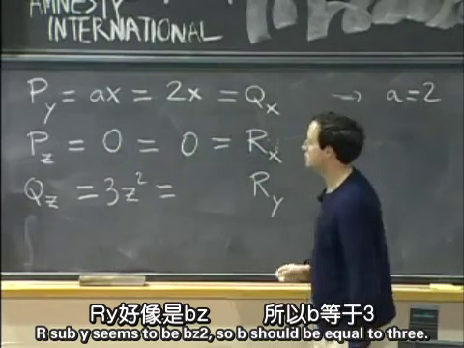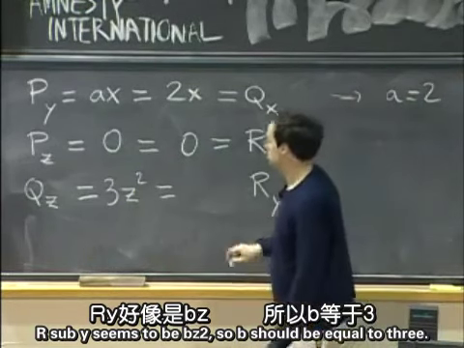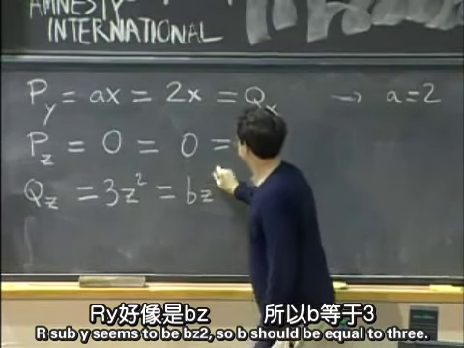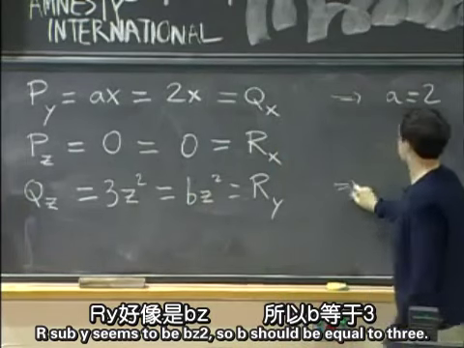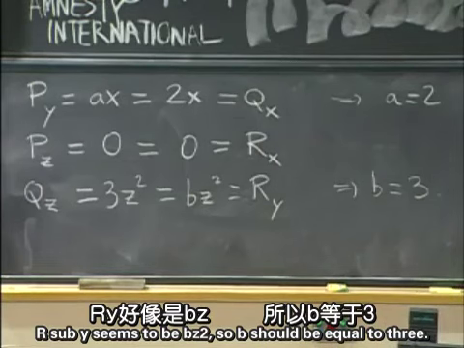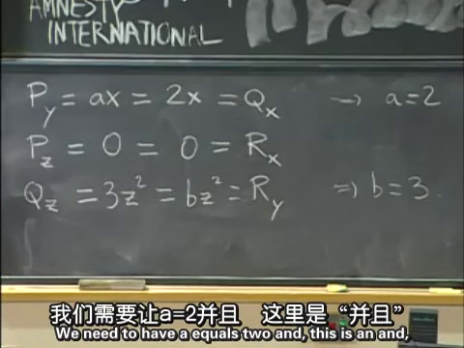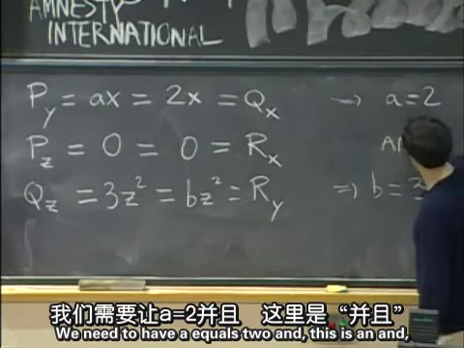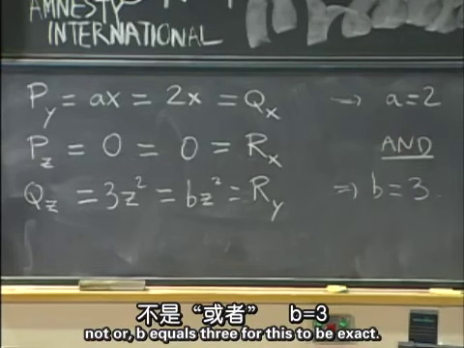R sub y seems to be bz squared. So b should be equal to 3. So we need to have a equals 2 and, this is an and, not an or, b equals 3 for this to be exact.